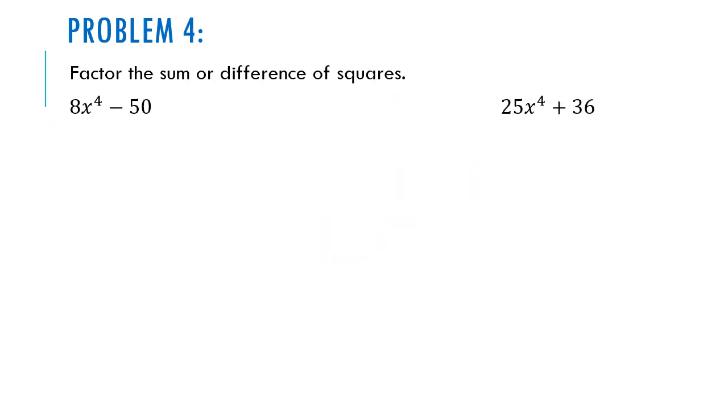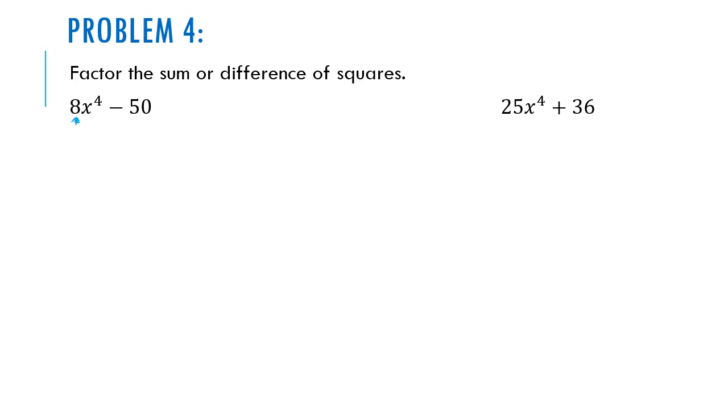All right, so let's take a look at these real quick. Once again, it lets us know that these are a sum or difference of squares. But if I think here, I need two identical numbers that multiply to give me 8. There isn't any. 2 times 2 is 4, 3 times 3 is 9. We already passed 8.